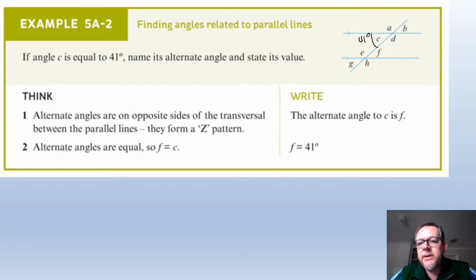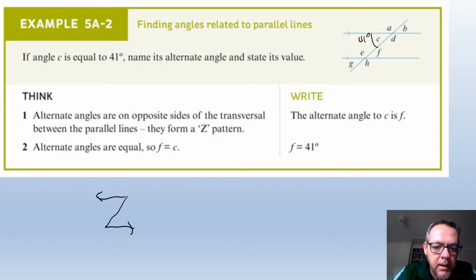Now remember, that's the F rule, isn't it? Same position, just on, not the F rule, it's the Z rule. Get it right, Mr. Beasley. So it's just on the opposite side of the transversal on the other parallel line.